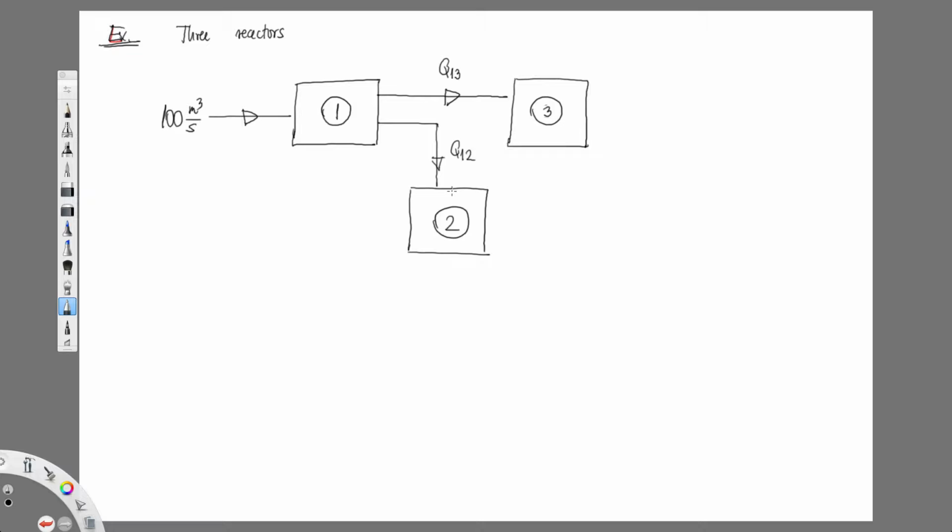Then from reactor number 2, what we have coming in is Q12, and what is coming out is Q21, where 21 essentially says that I'm going from 2 to 1, and Q23.